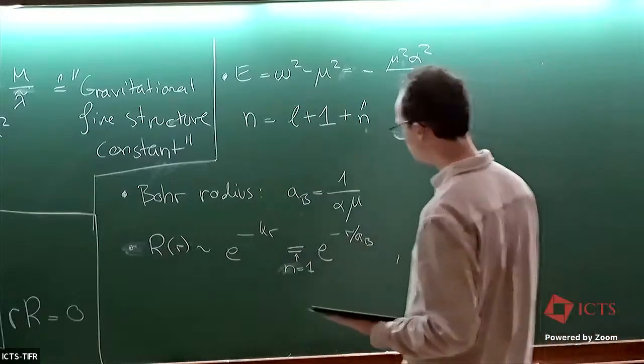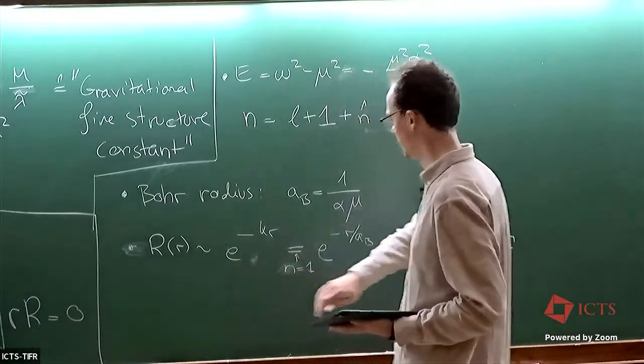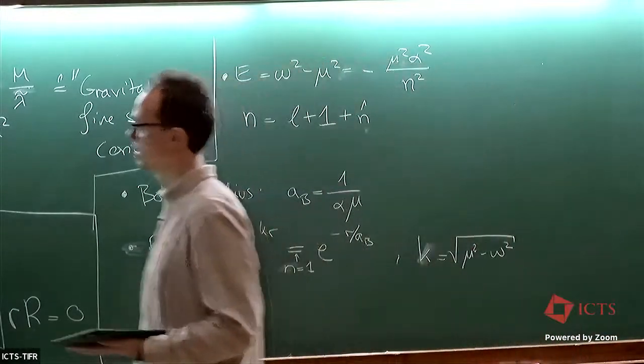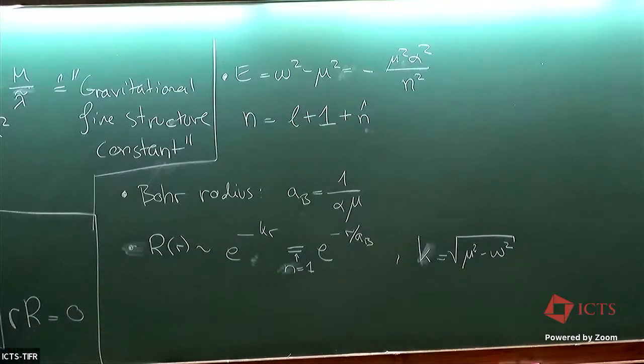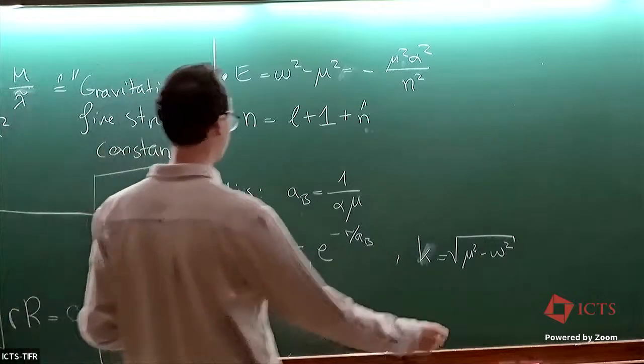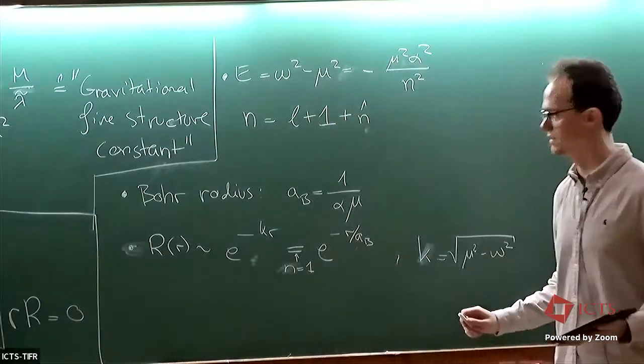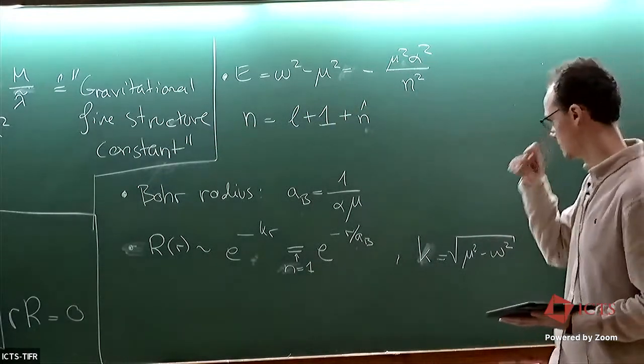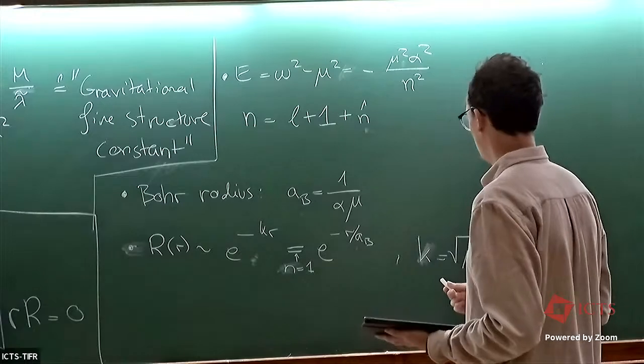So at large distances, the radial function, and therefore our scalar field configuration, which is just multiplied with R, decays exponentially. And it decays exponentially given by exactly the length scale that is the Bohr radius. Okay?